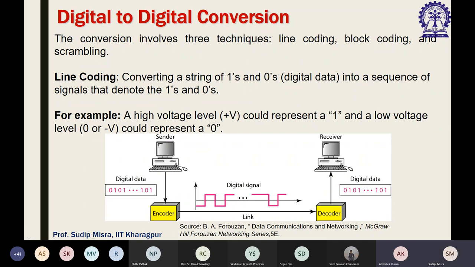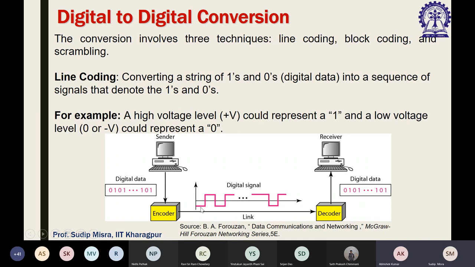Okay, so this is what has to be done. You need to convert a string of ones and zeros into a sequence of signals that denote the ones and zeros. So for example, 0 could be encoded as minus V, and 1 can be encoded as plus V, where plus V means positive voltage.